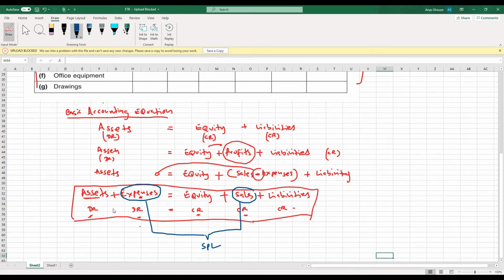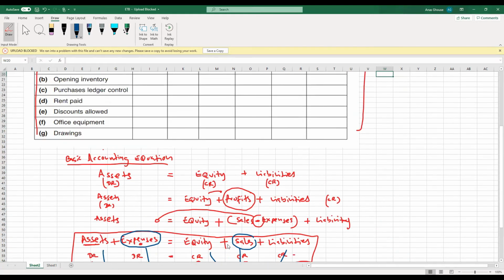And the remaining assets, equity, and liabilities we put under the statement of financial position. All assets, equity, and liabilities should be presented in the statement of financial position. Our profits, sales minus expenses, should be under the statement of profit or loss. Based on this, let's move on to the question.